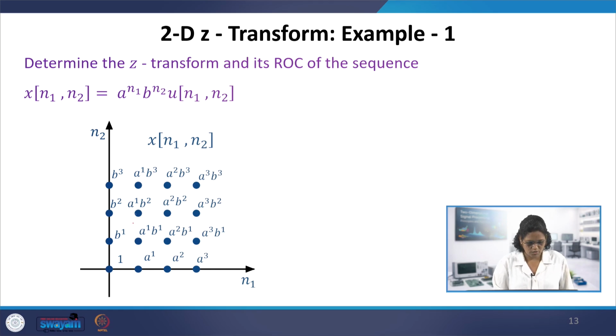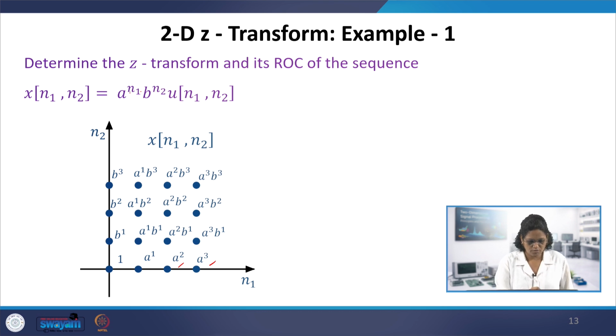If you plot the sequence when n1 equals 0 and n2 equals 0, it becomes 1 here. This is the point. For n1 equal to 1 and n2 equal to 0, this becomes a; n1 equal to 2 and n2 equal to 0 gives a square, then a cube. Where n1 is 0, we get b, b square, b cube.